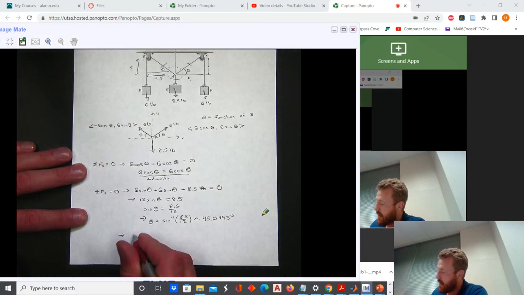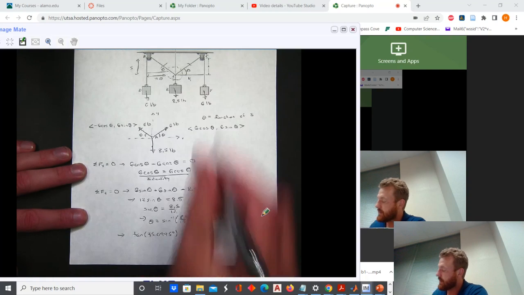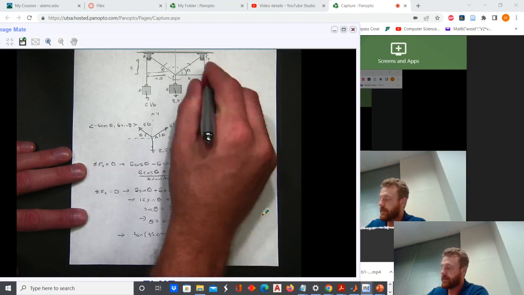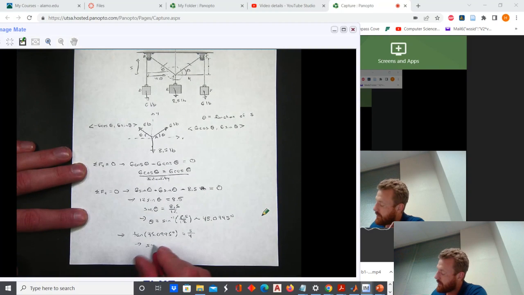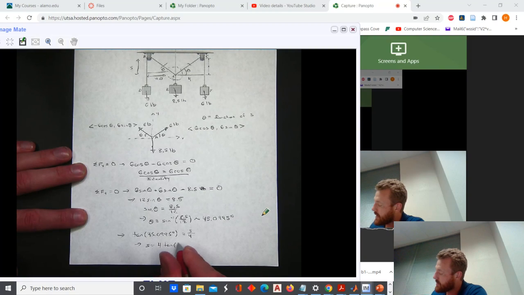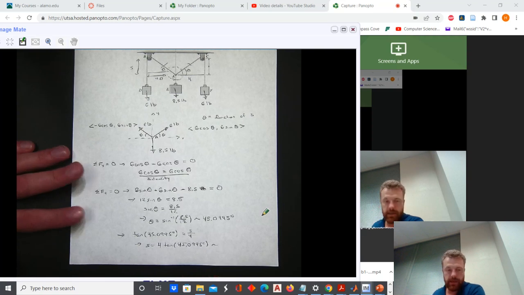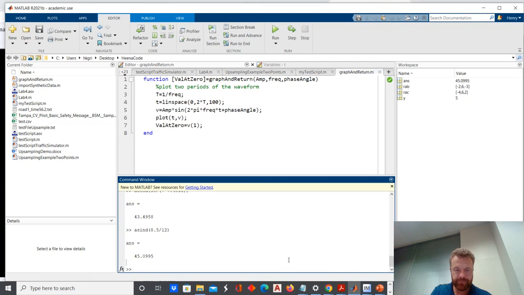So the tangent of theta, and we know that theta has to be 45.0995 degrees, must be equal to the opposite side length, which is s, divided by 4, which is the adjacent side length. So I can solve for s by taking 4 times the tangent of that angle that I just computed. If I go through and do that, I will get 4.0139, and that is going to be in the length units of the problem, which is feet, and rounded to 3 significant figures, that would be 4.01 feet.